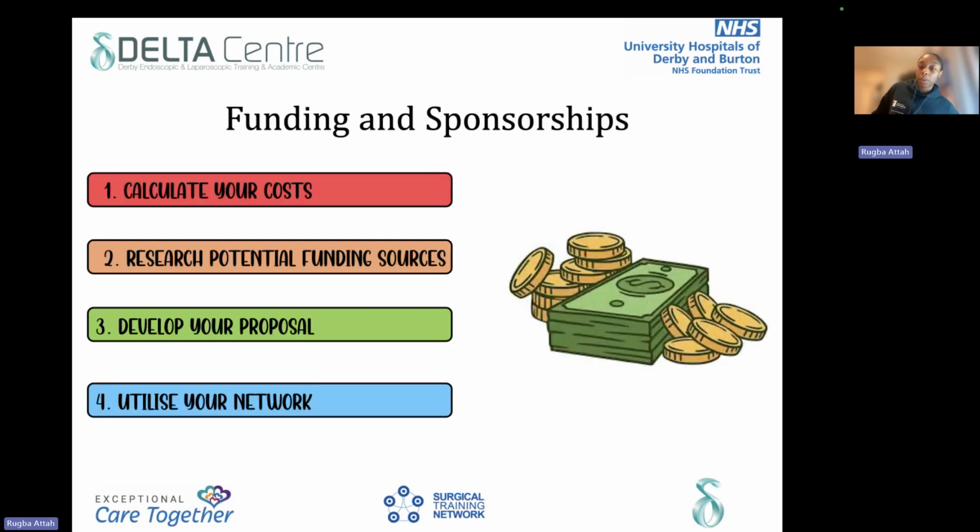Oh, so funding and sponsorships. I'll speak a lot more about this in the finances presentation, which will be number 2. But the first thing to consider is to set out your budget and calculate your costs.